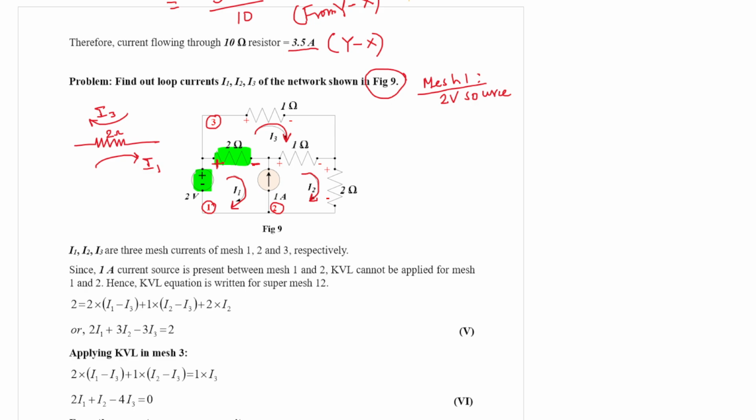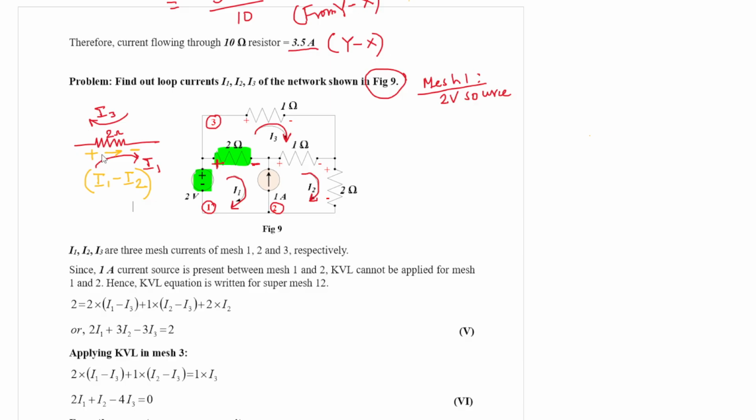However, if you have considered the polarity of the potential like this, left hand side plus, right hand side minus, the net current must be flowing from the left. Due to this, the current flowing through the 2 ohm resistance must be I1 minus I3 as per our convention. This is very important.